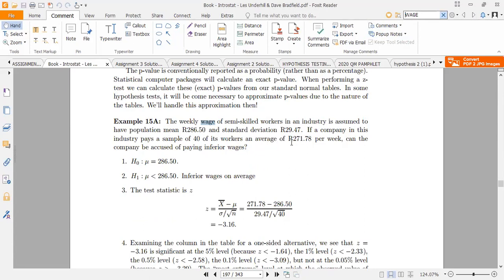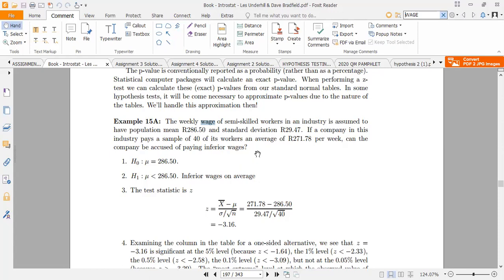Their average is 271 salary, and they want to accuse this company of paying inferior wages. So to start with, the word inferior gives you a synonym of less than. So this gives us an idea that this is a single-tailed test.